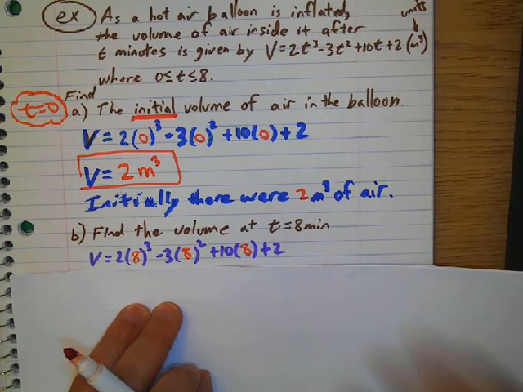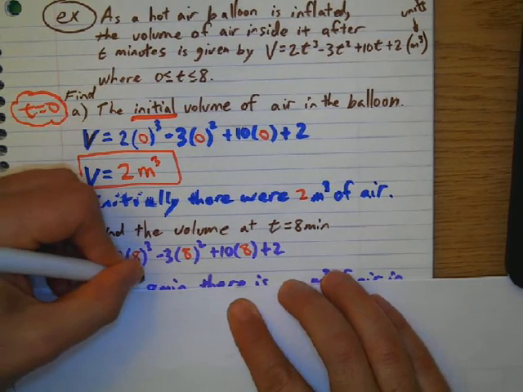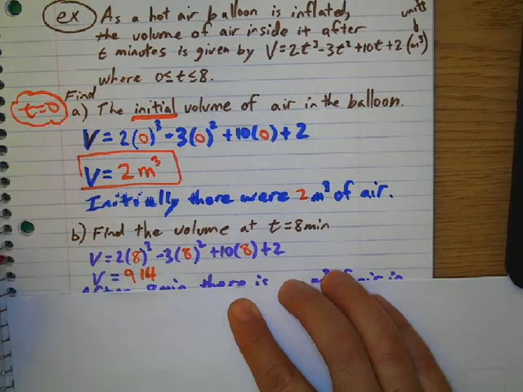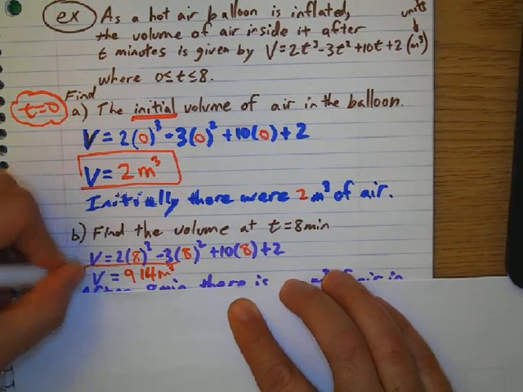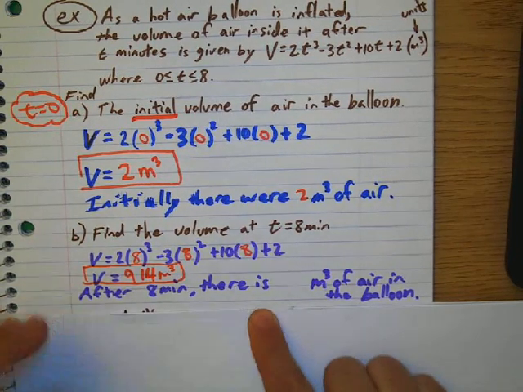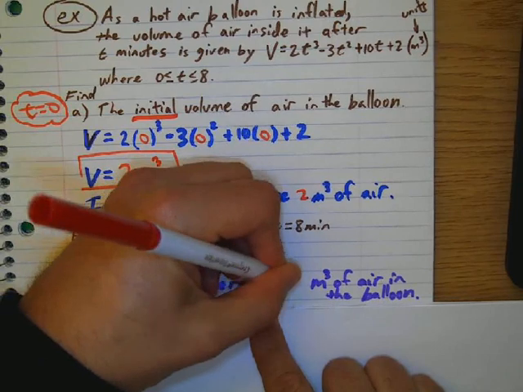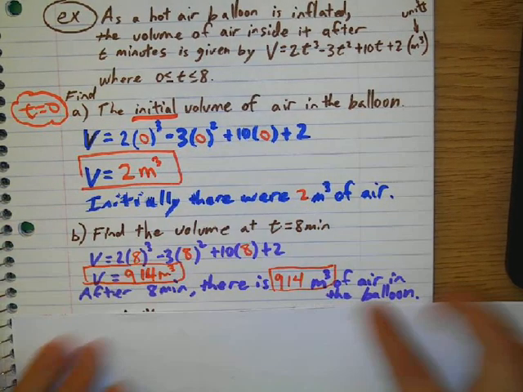I use my calculator and figure that out, and I get 914 meters cubed. Okay, so after 8 minutes, there is 914 meters cubed of air in the balloon.